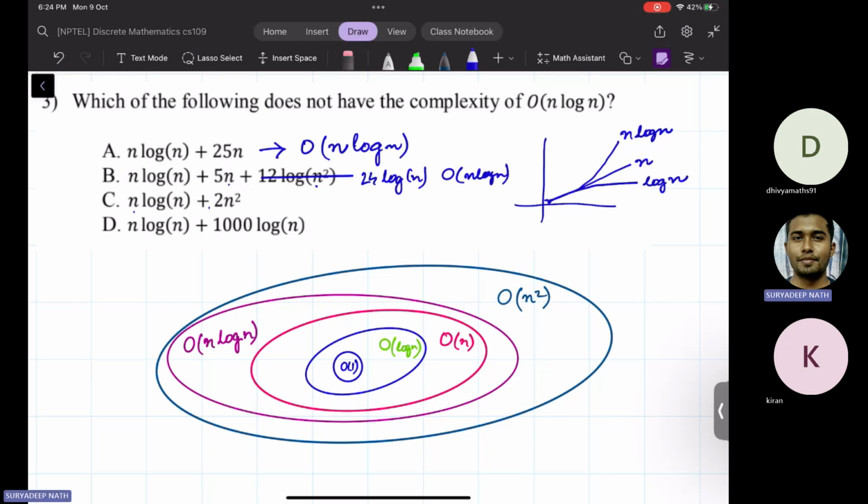Coming to the third one, n log n plus n squared. Now n squared grows faster than n log n, so n squared would dominate this complexity. It would eventually be O(n squared). And n log n plus 1000 log n, again this would be n log n.